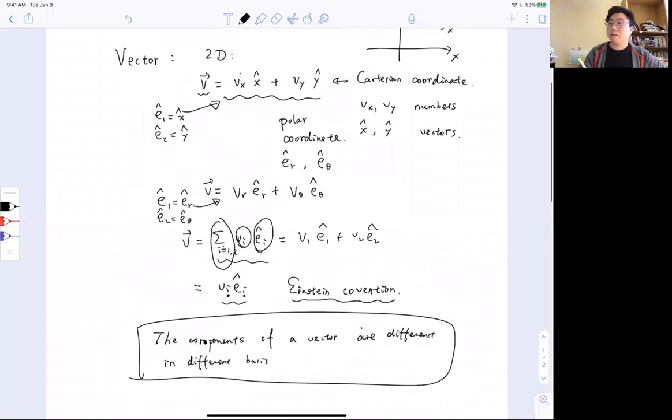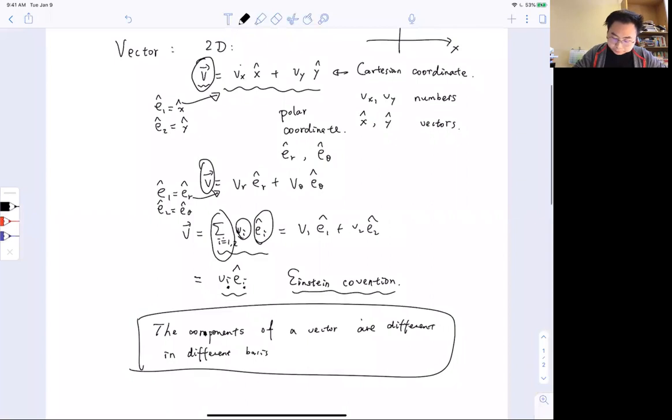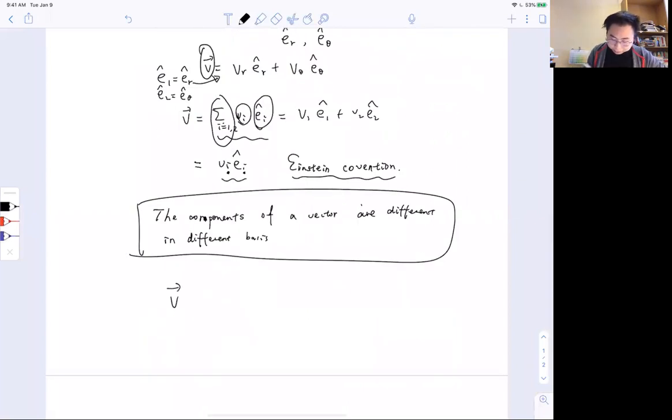The vector itself, like a vector V, is invariant. I mean, a vector is a physical object. For example, the velocity field and acceleration field are physical, but the coordinates are artificial objects, and different people may use different coordinates.